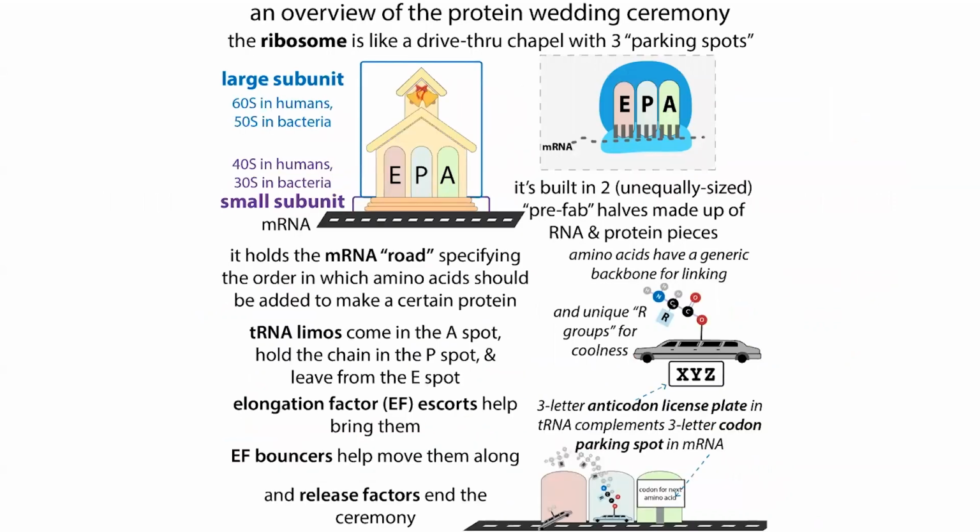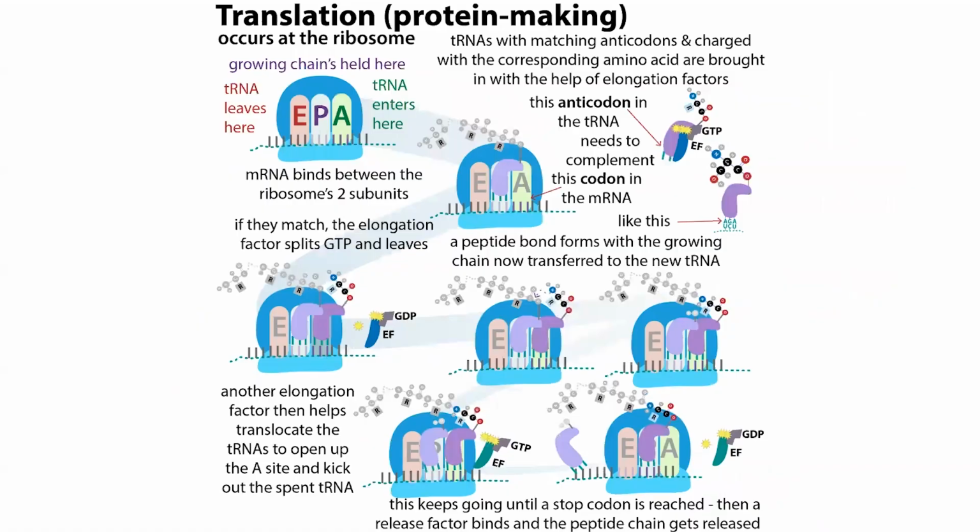So basically, we've been used to showing the ribosome as something like this, where you have this large ribosomal subunit, that big thing on top. You have this small ribosomal subunit. You have these three sites where the tRNA can live: the E, P, and A. A new tRNA is going to enter the A site. The growing chain is going to be held in the P site.